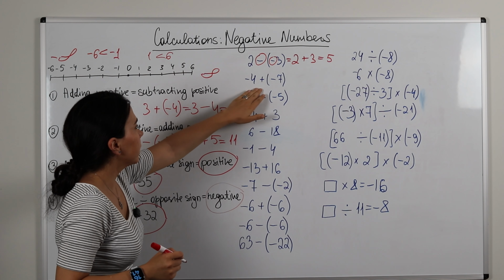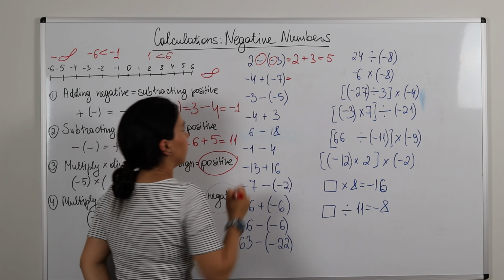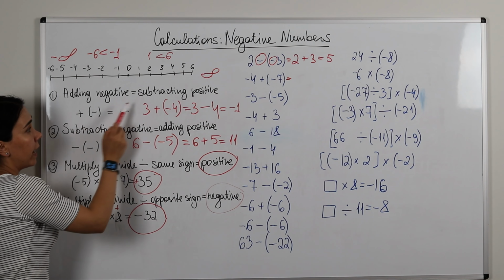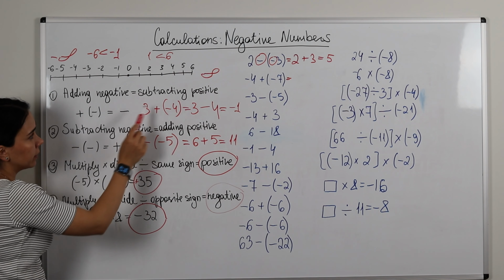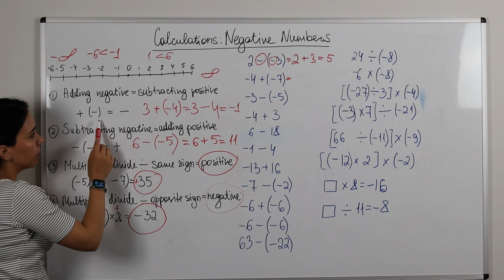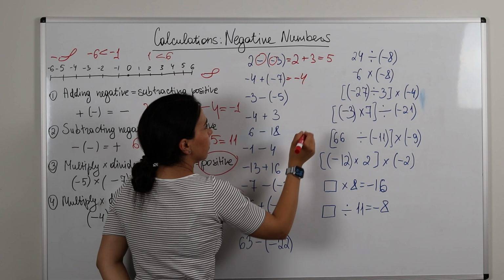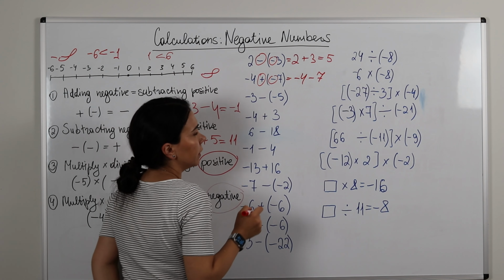Minus 4 plus minus 7. Let's look at it at first glance. We are adding a negative number. You see rule number 1, adding negative, plus minus, is the same as subtracting positive. Plus minus equals minus. Minus 4 minus 7.